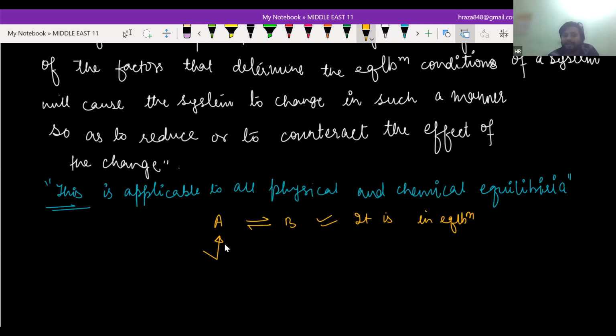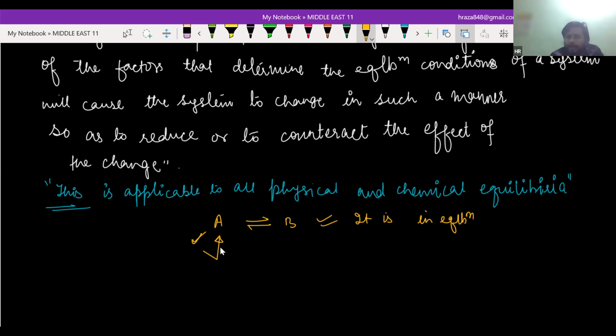The concentration of A increases, so the system will shift to the right side, so that equilibrium should not be affected, to counteract the effect of the change.